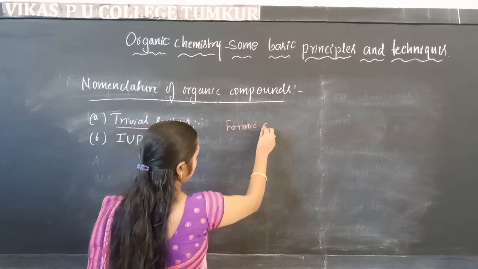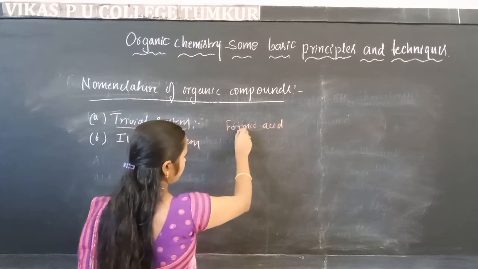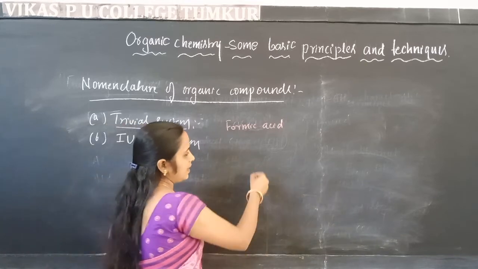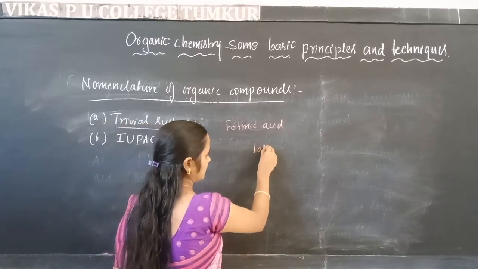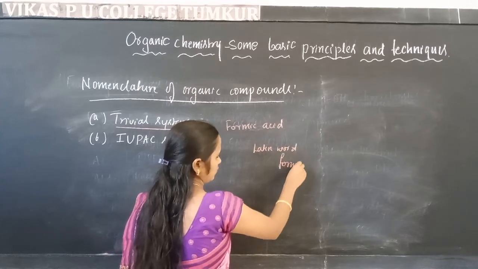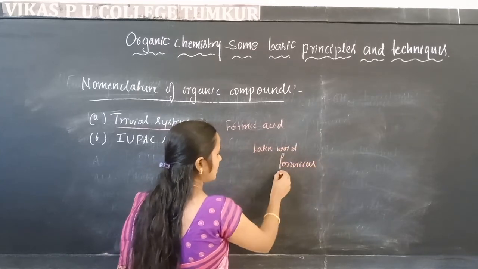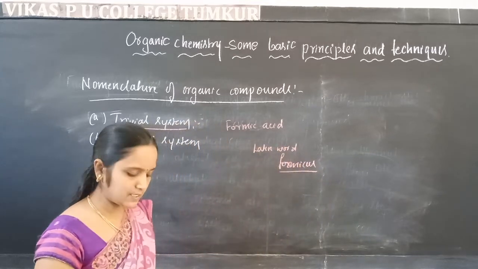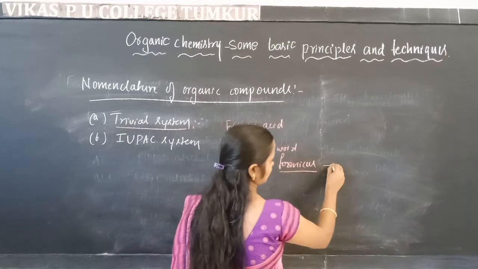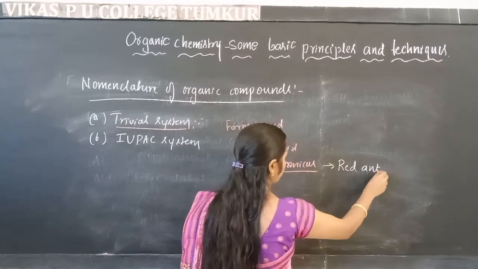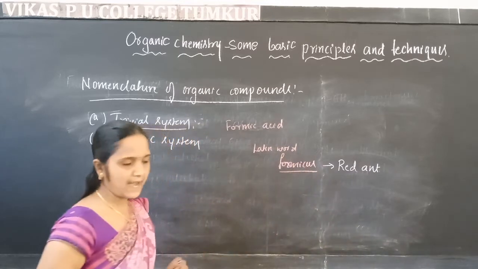This formic acid is derived from the Latin word formicus. Formicus means a red ant. This formic acid is obtained from the red ant.